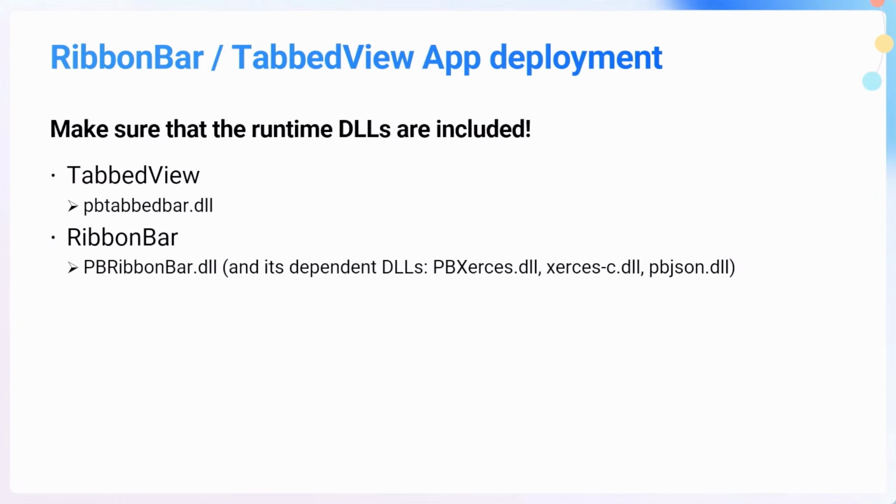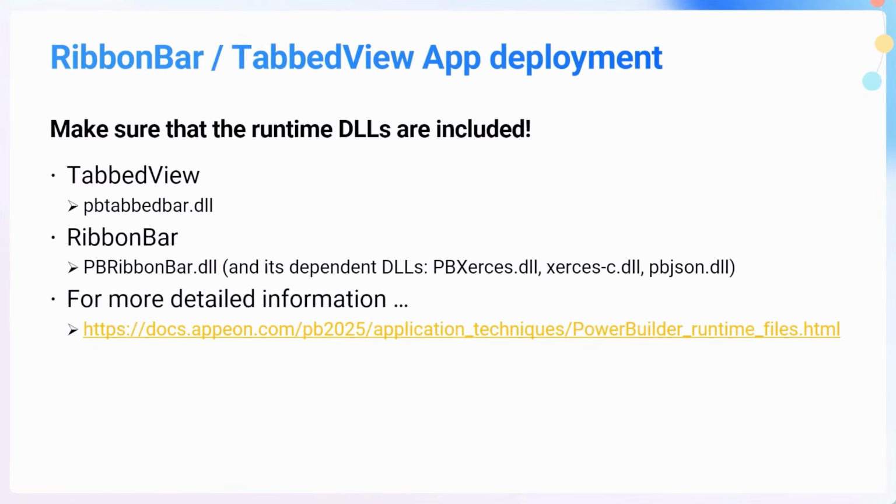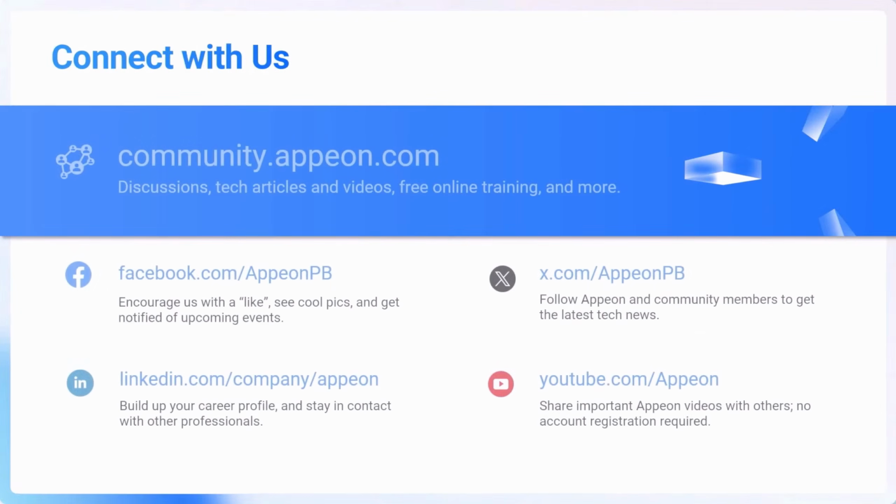And it has some complementary DLLs, for example, the PBXSS, XSSC, and PBJSON.dll will also have to go with RibbonBar support. Again, for more information, have a look at the PowerBuilder 2025 PowerBuilder runtime files listing, either in your PowerBuilder help or online at this URL.